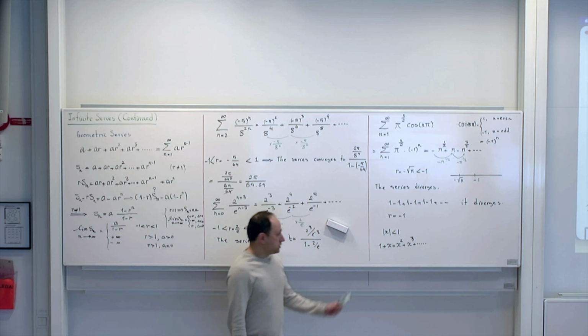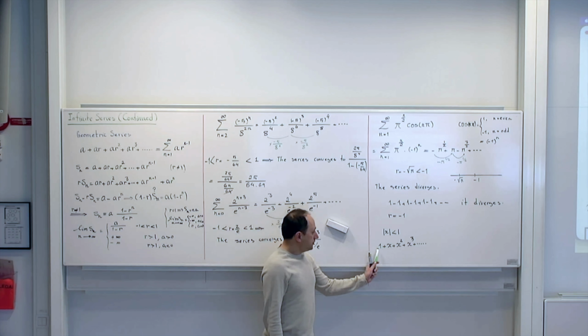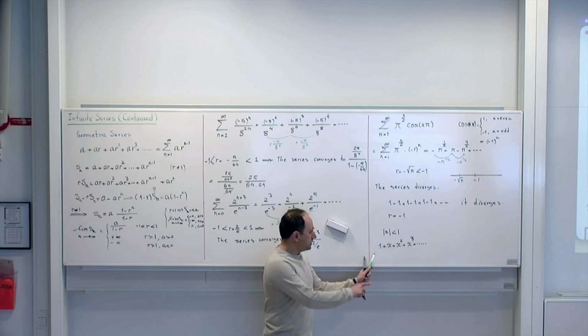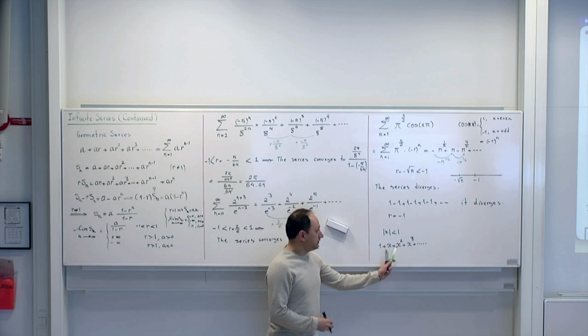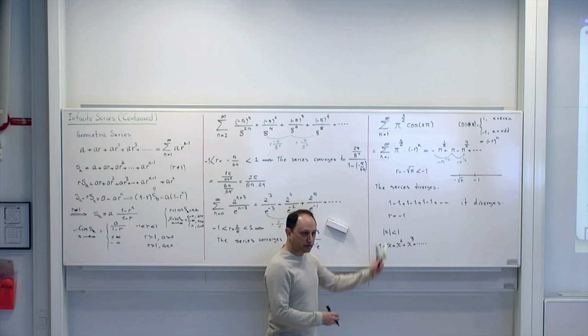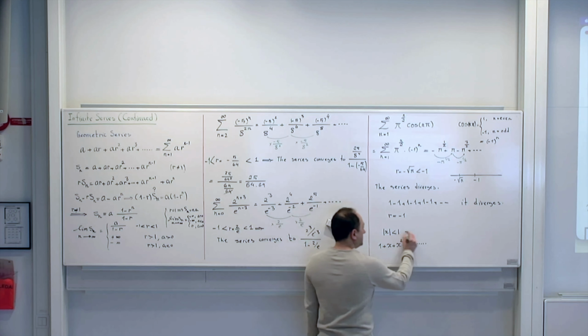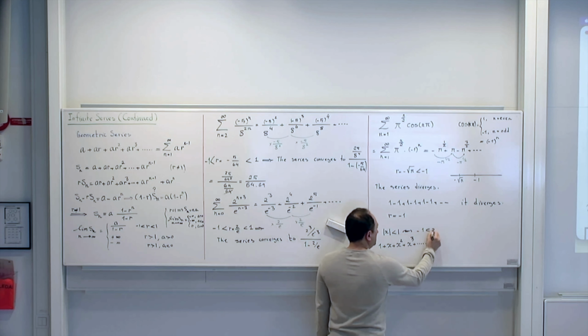Yes? And what is the first term? The first term is 1, and what is the common ratio? Every time I am multiplying the previous term by x. And I myself assume that the absolute value of x is less than 1. In other words, this means that x is between minus 1 and 1.